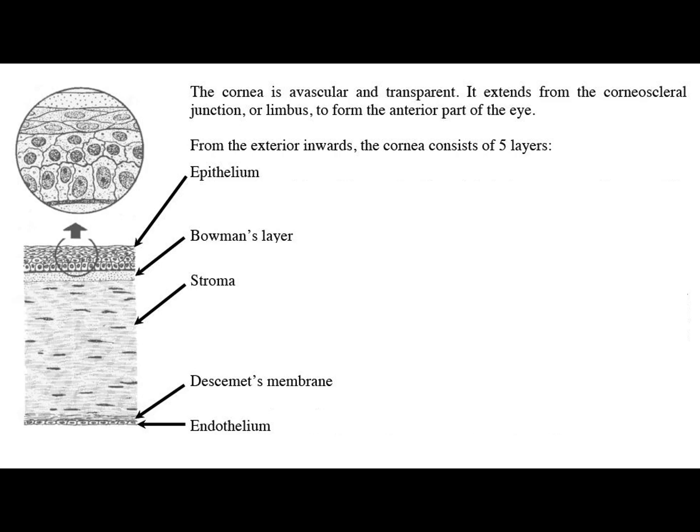So as soon as you have loss of your endothelium, fluid will go into your cornea and cause corneal edema and make the structure a little bit translucent or even opaque.